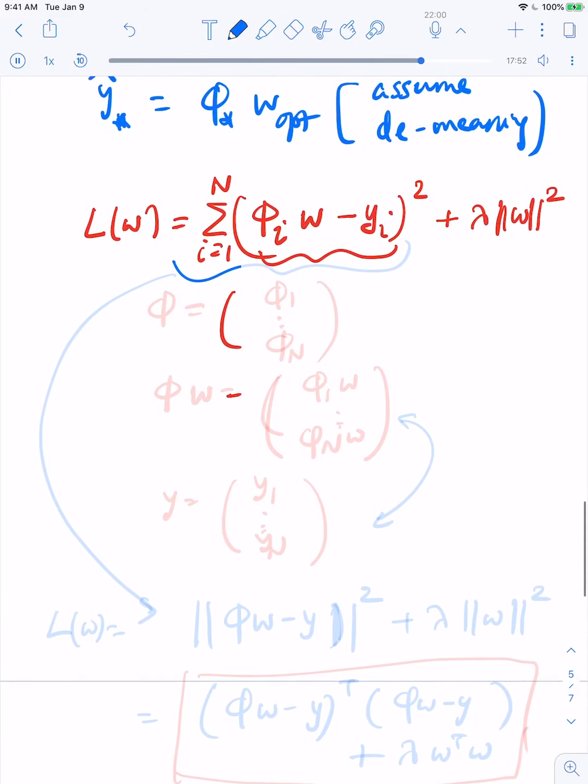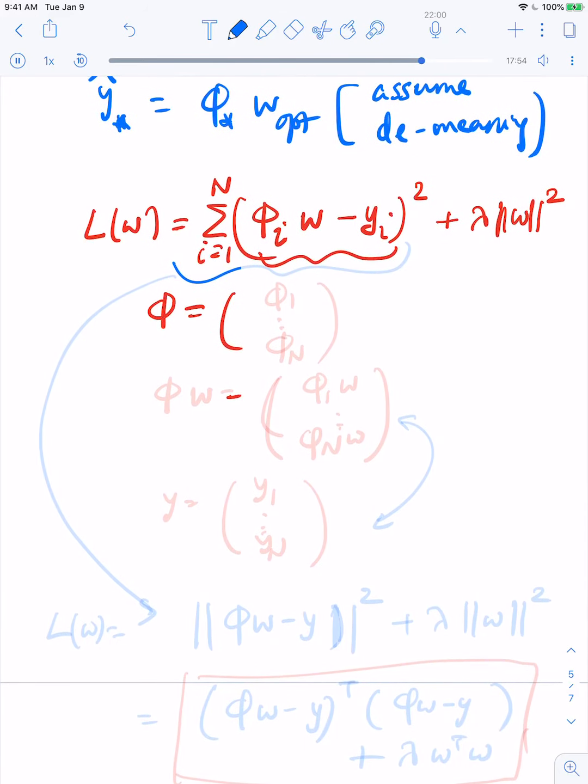Now, remember that your phi matrix contains all these phi i's as rows. So you can see that phi times W is just phi 1 W down to phi n W. So it's a column vector, right? These are the estimates corresponding to each of the examples.